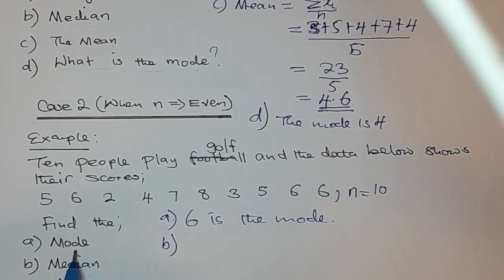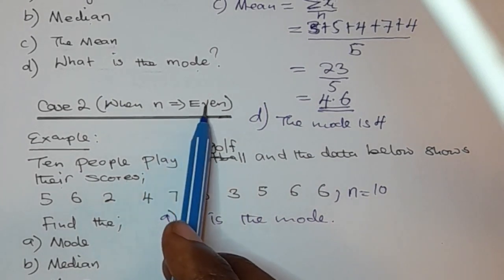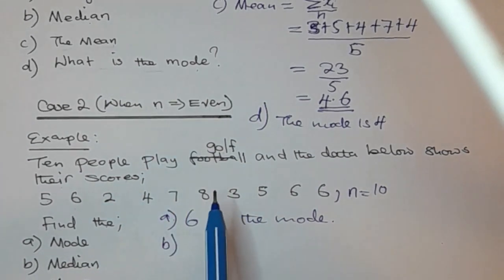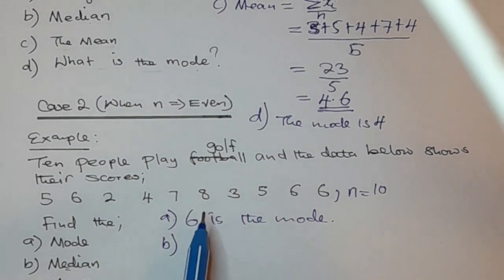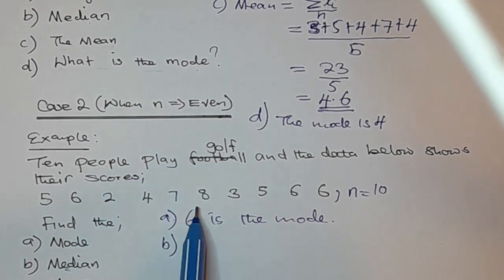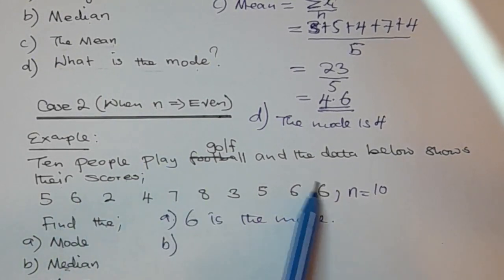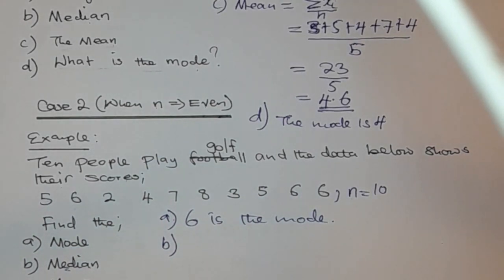Okay, B, they want you to find the median. Here is where we have to differentiate between when n is even and when n is an odd number. The procedure is the same at the start: we need to arrange these from smallest to biggest.